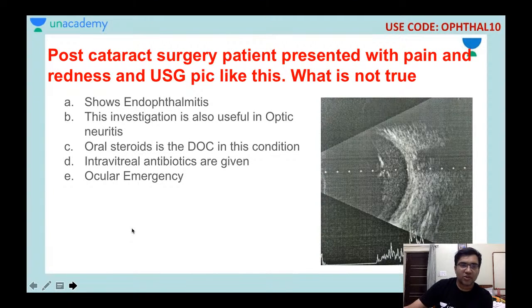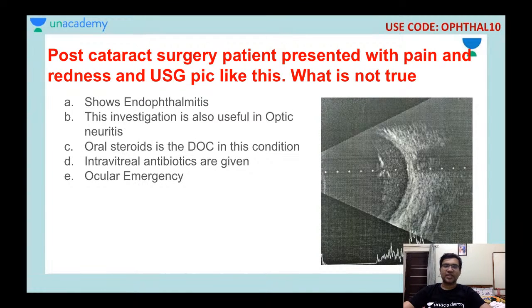Okay. So the next question also has multiple correct answers, so please study the question. Post cataract surgery, the patient presented with pain and redness and a USG picture like this. I showed you the USG picture when I started the session. What is not true regarding this condition?